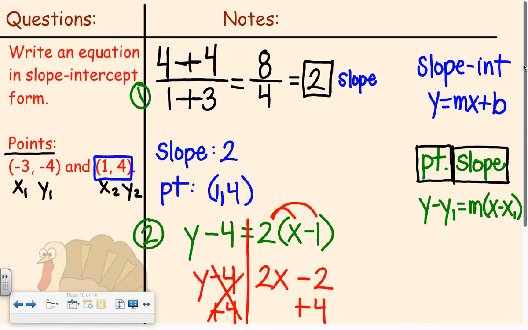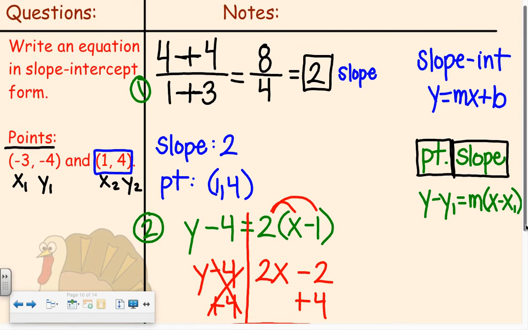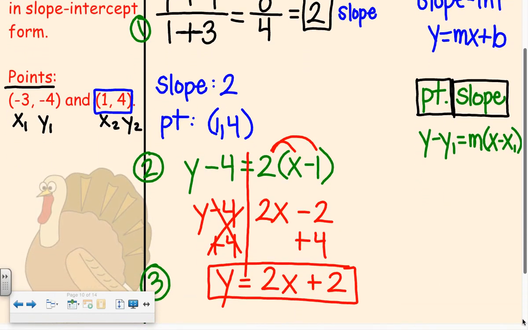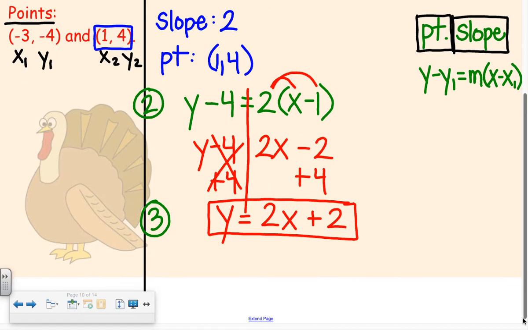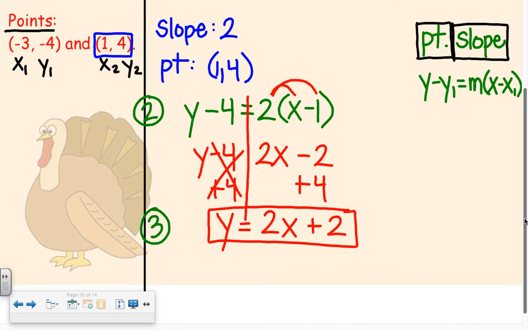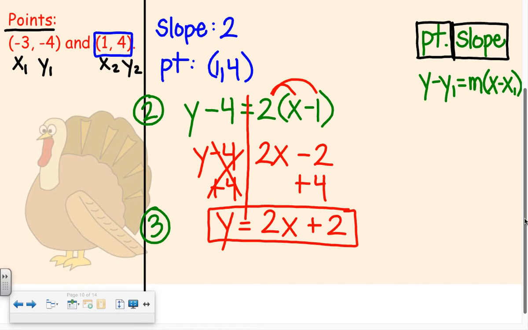Now I want to spend a minute and explain to you what that means. If I graphed the equation y equals 2x plus 2, it should go through the coordinate points negative 3, negative 4, and 1, 4. So I'm going to do that really quick on this one now that we've done a couple examples and I can explain the meaning.